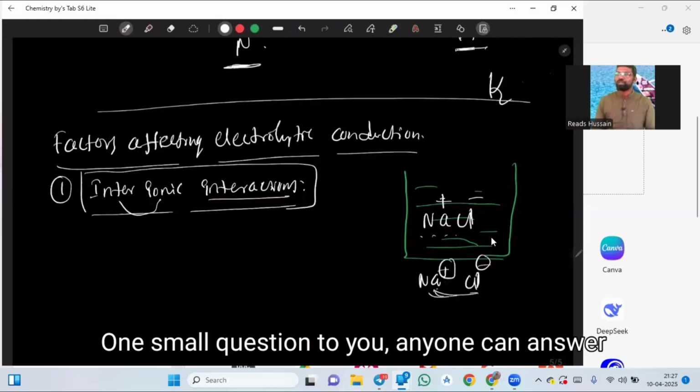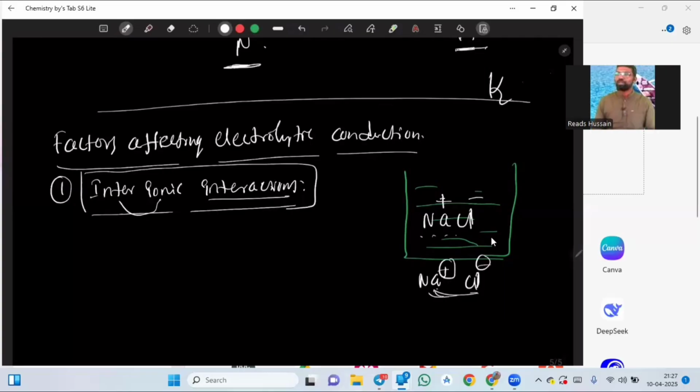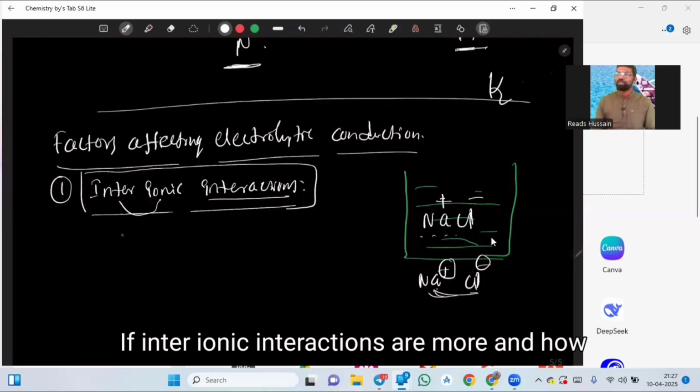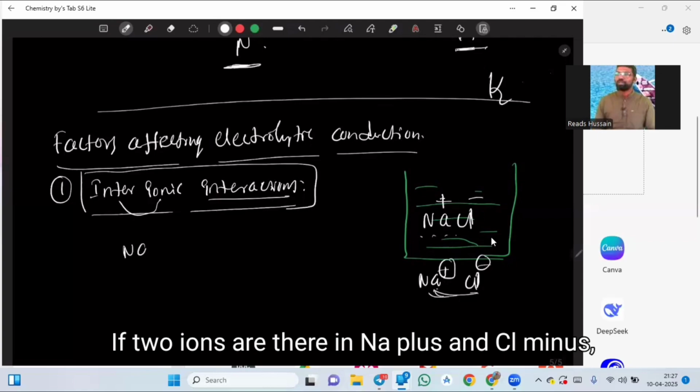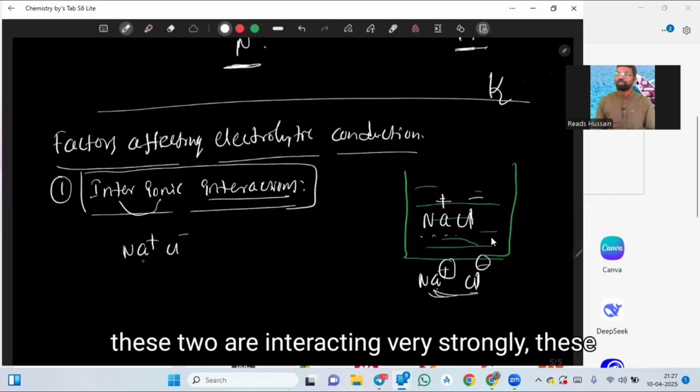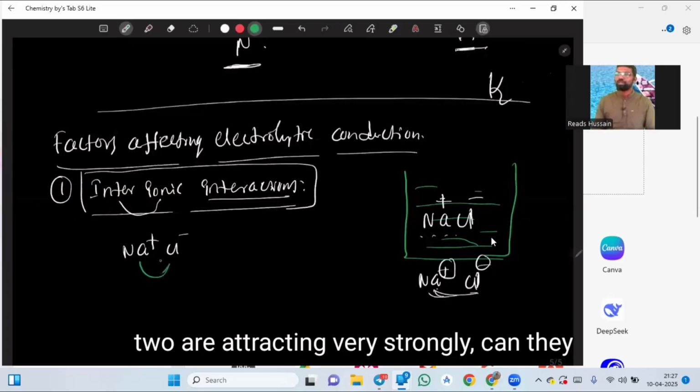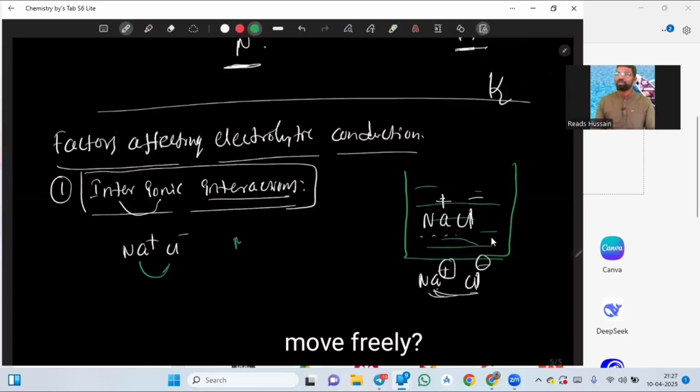One small question to you, anyone can answer. If inter-ionic interactions are more, how about its conductance? If Na plus and Cl minus are attracting very strongly, can they move freely?